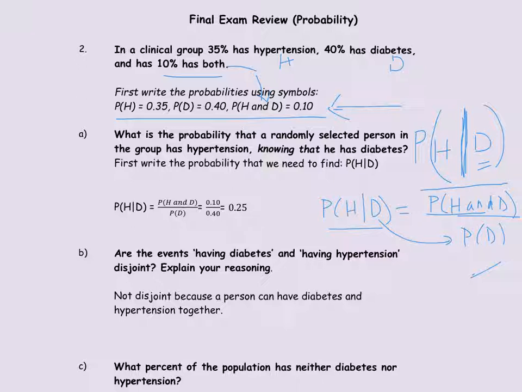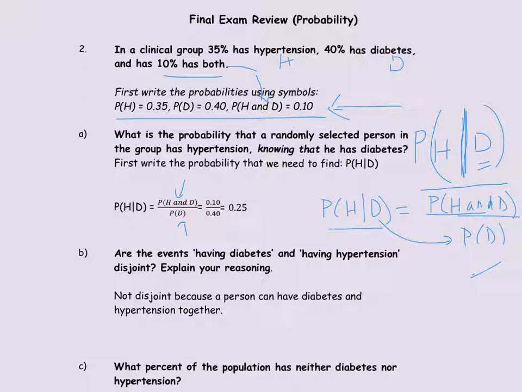So probability of both in the numerator and probability of the second one in the denominator. So probability of H and D divided by probability of D. Now remember that probability of H and D is given to us. So we do not need to figure this out.